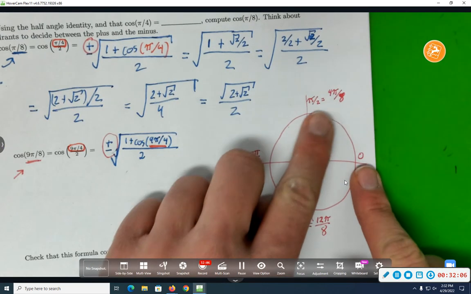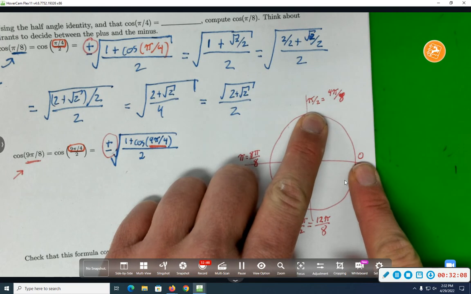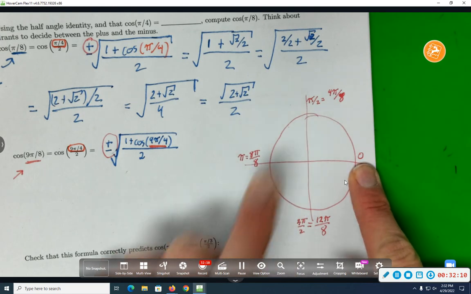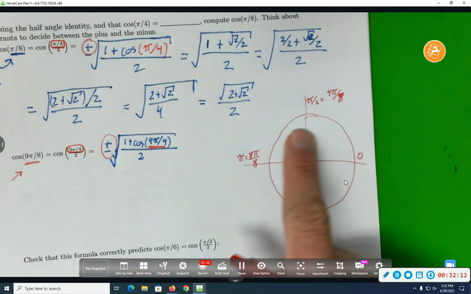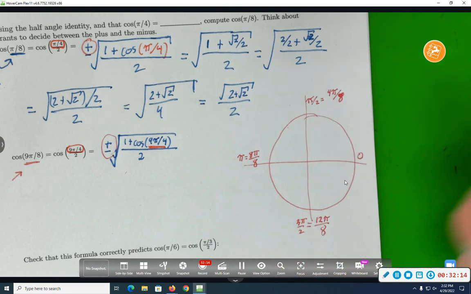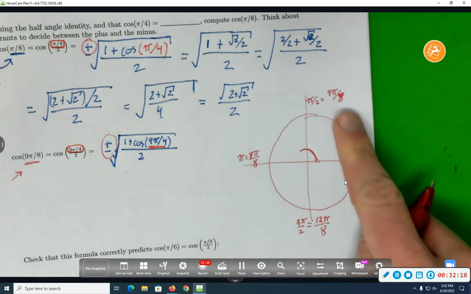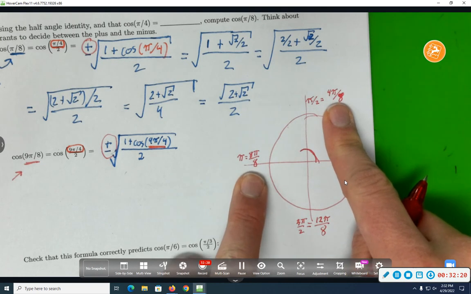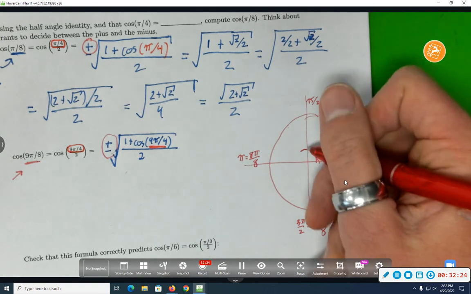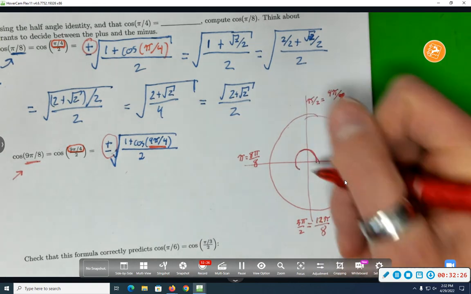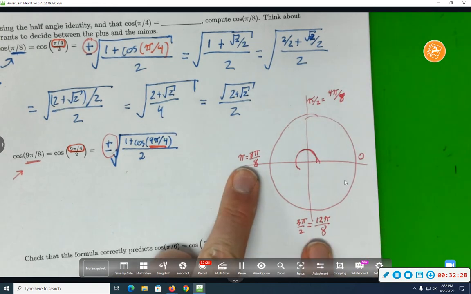Is 9 pi over 8 between 0 and pi over 2? No. If you rotate by 9 pi over 8, you'll rotate past this point. Is 9 pi over 8 between 4 pi over 8 and 8 pi over 8? No, 9 is bigger than 8. Is 9 pi over 8 between 8 pi over 8 and 12 pi over 8?